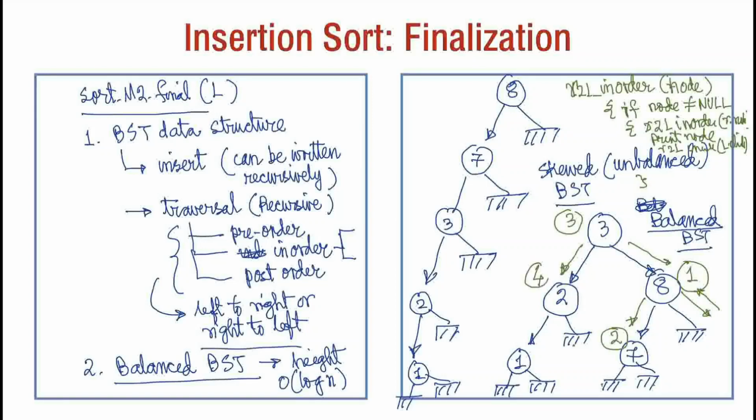This is the fourth node in the sequence. Then you come here, and this is the fifth node in the sequence. So by doing this, you will list the nodes 8, 7, 3, 2, 1, in sorted order. If you wanted to do it in the reverse order, then you would have to do the left child first, then the node, and then the right child. So this sort of traversal technique can also be written in a recursive fashion.